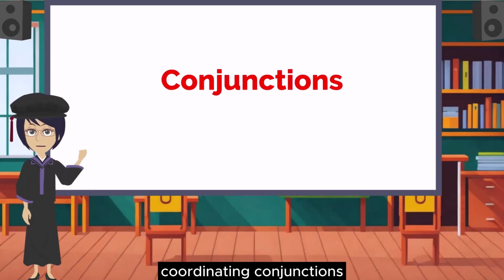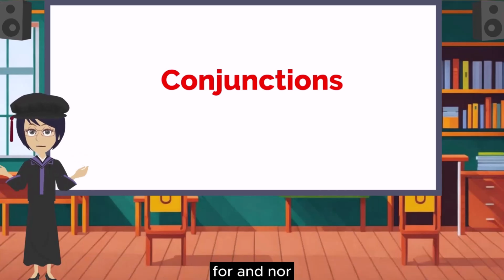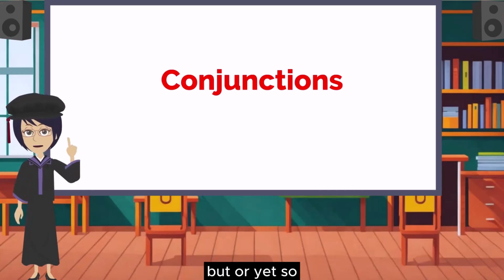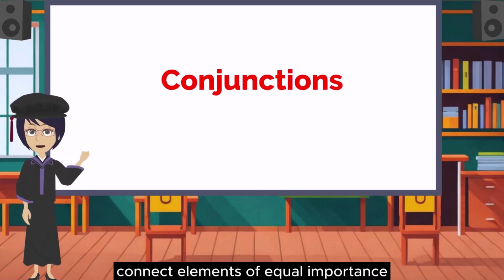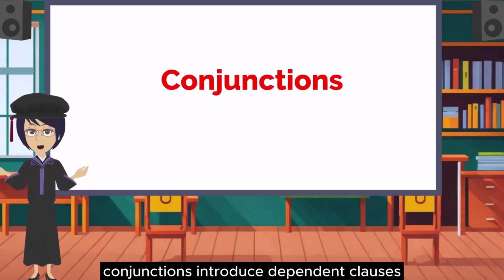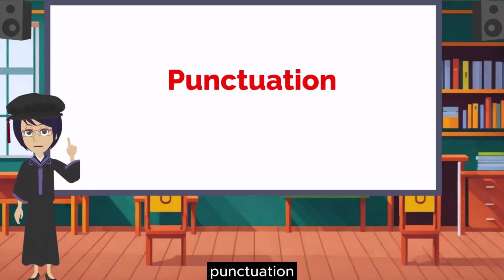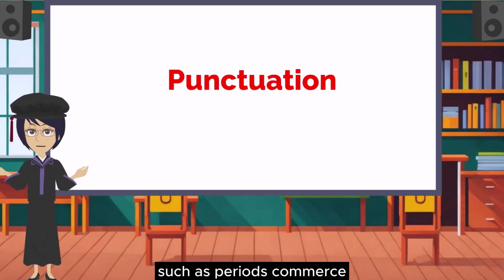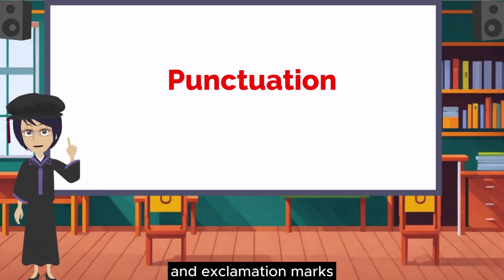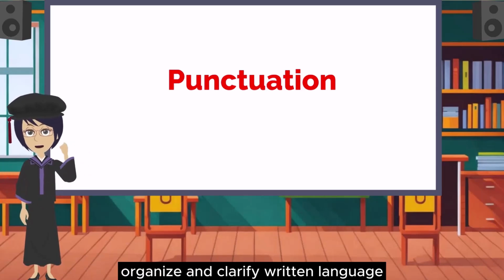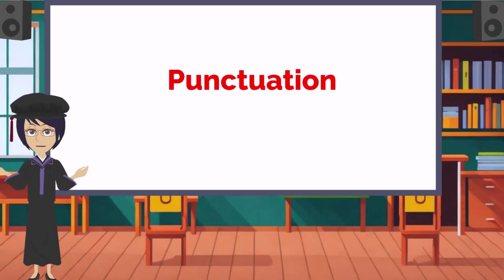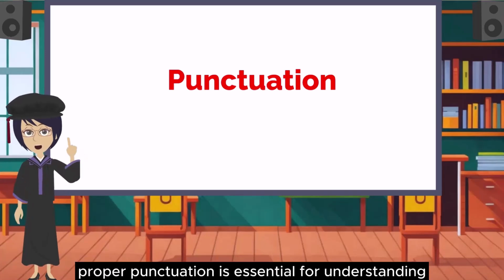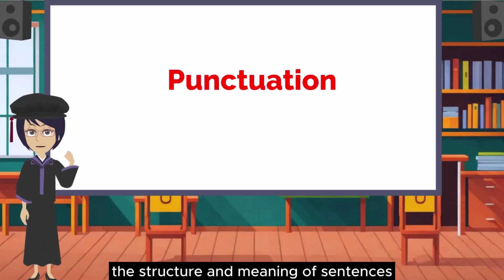Coordinating conjunctions, for, and, nor, but, or, yet, so, connect elements of equal importance, while subordinating conjunctions introduce dependent clauses. Punctuation. Punctuation marks, such as periods, commas, question marks, and exclamation marks, organize and clarify written language. Proper punctuation is essential for understanding the structure and meaning of sentences.